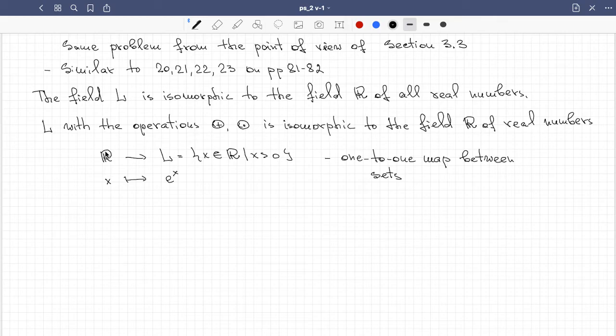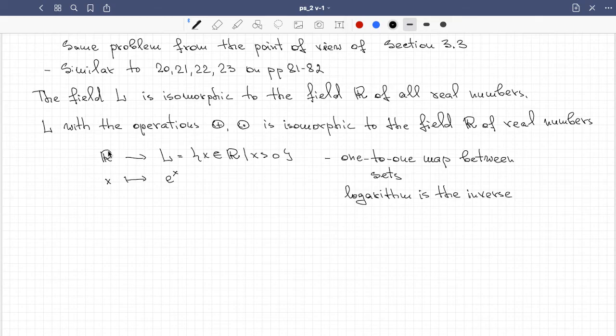So the logarithm is the inverse. As we have one map and its inverse, so we go back and forth, we have a one-to-one correspondence between the two sets.